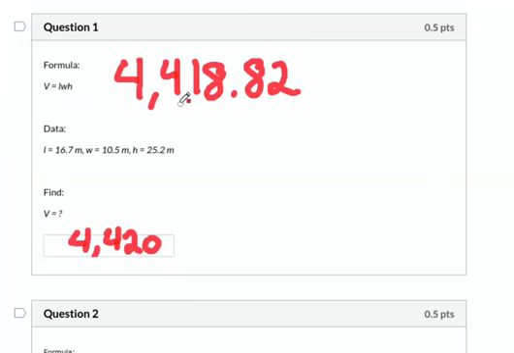Now, you might be like, well, that doesn't make any sense because I type it into a calculator and I get this number up here. This is the exact answer. Why would I make my answer inexact? Well, the reason is because we're used to working math in math class. And in math class, when you're given a number, you are expecting that number to be exact.